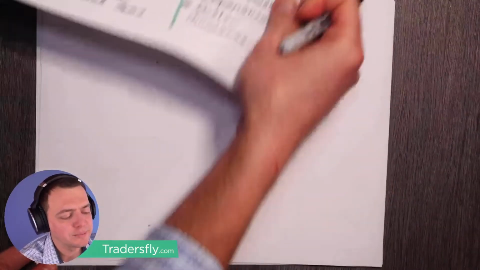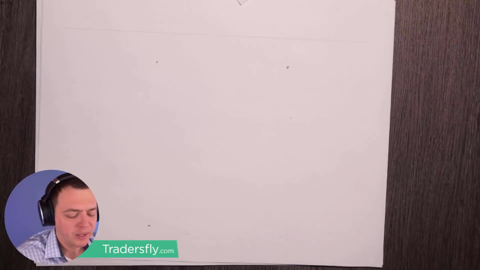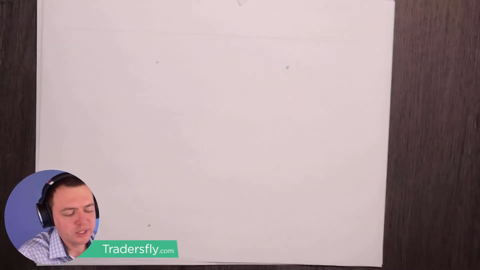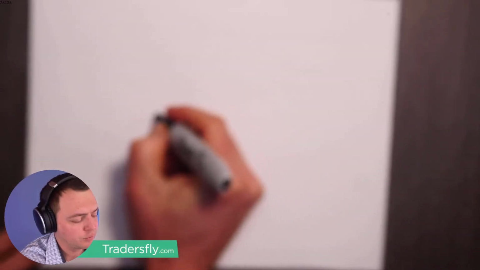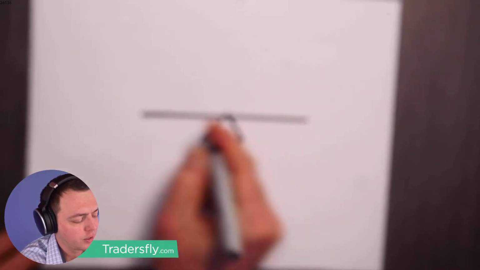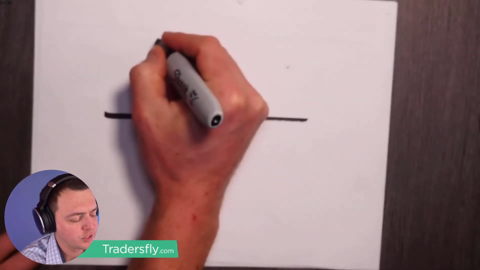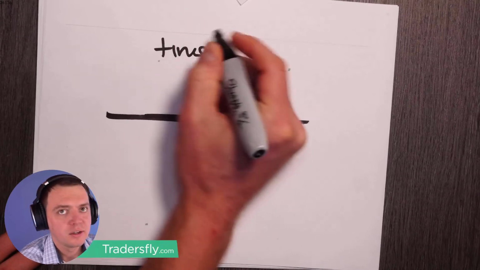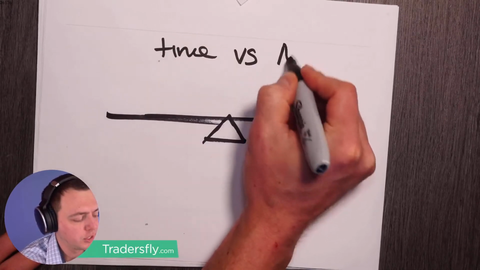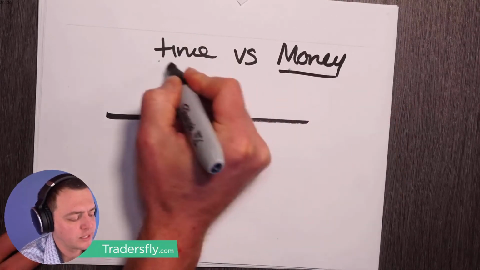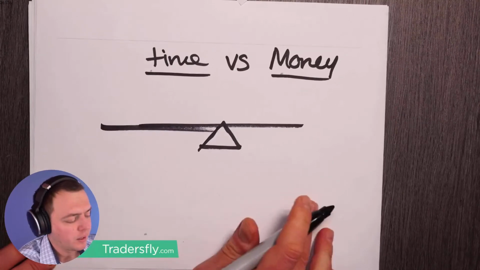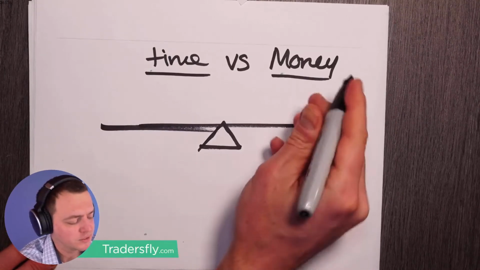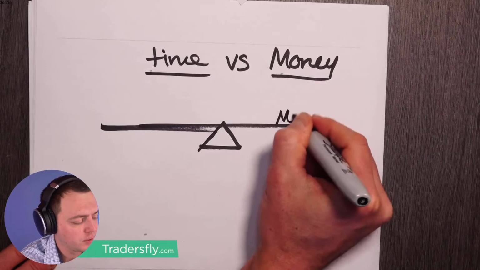So what it comes down to, what I find for a lot of people, is it's a balancing effect between, let's say here, is it a question of time versus money? Okay. And this is what I see a lot of times. People that have more money, oftentimes they go with mentoring.